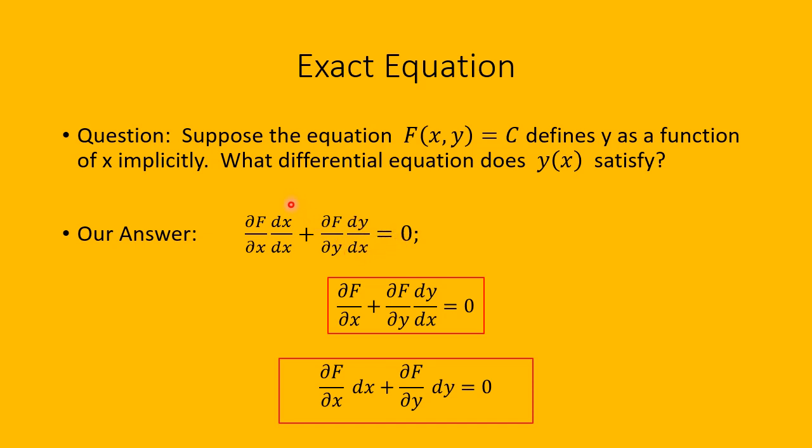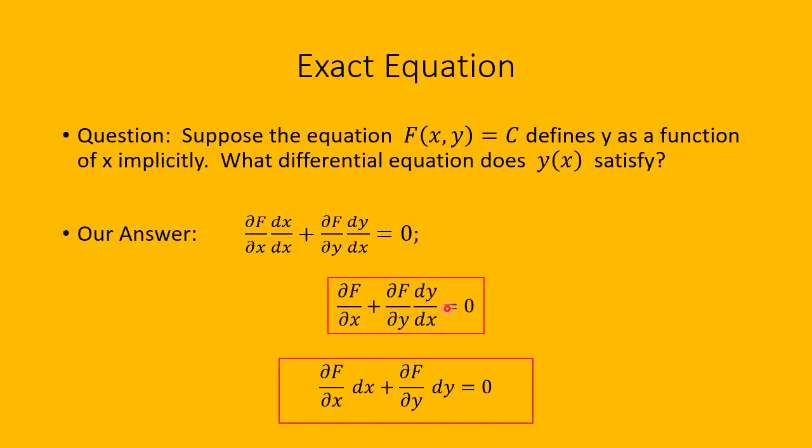Now, we notice that the derivative of x with respect to x is 1, so we just have this partial derivative here times 1. So that term simplifies to the partial derivative of f with respect to x. This one we'll just copy down here. And on the other side, when you differentiate a constant with respect to x, you just get 0. Derivative of a constant is 0.